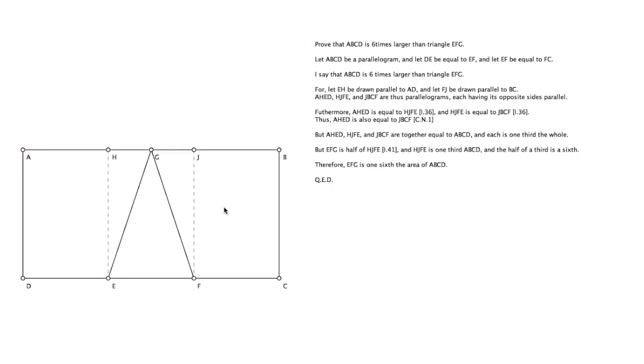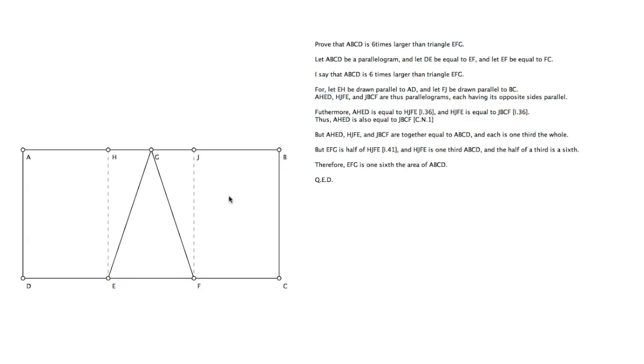So add these three parallelograms up, we get the whole parallelogram, and each one of them is a third of the whole. Now this, I didn't write out the reasoning behind this, but I hope it's pretty obvious, right? We know that because this is equal to this and this is equal to this, so each one of these three parallelograms is equal. There are three of them in the whole. That means that each one is a third of the whole.